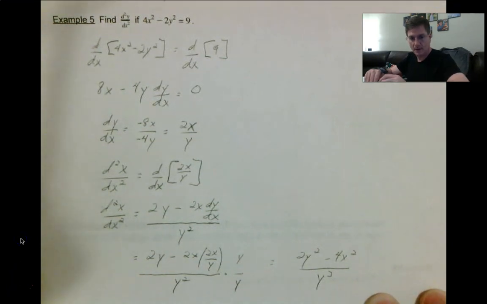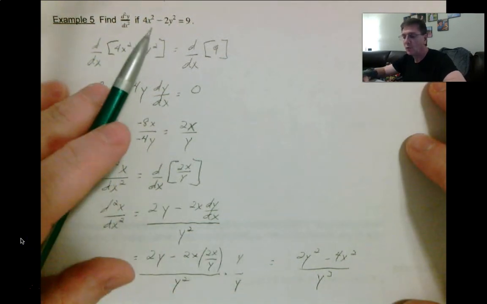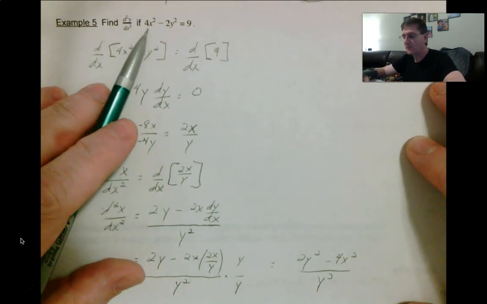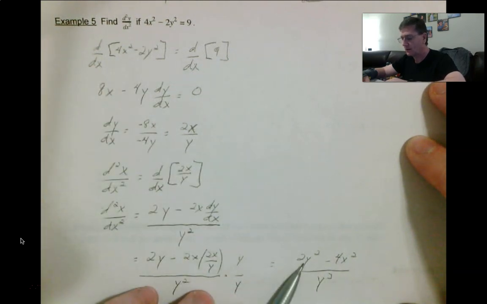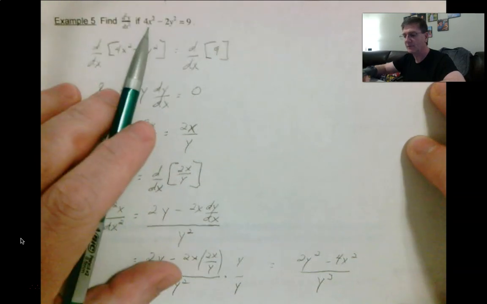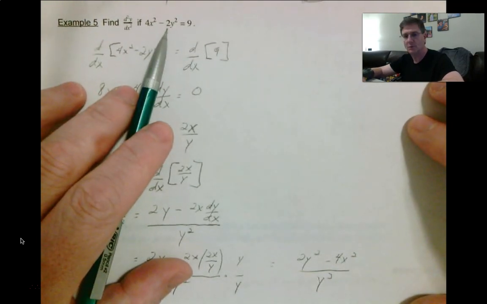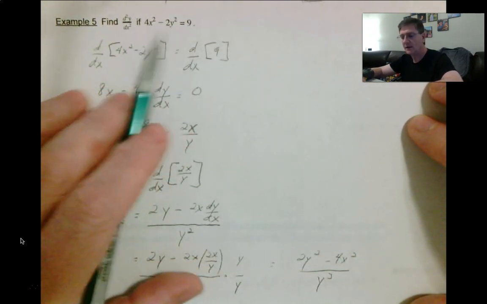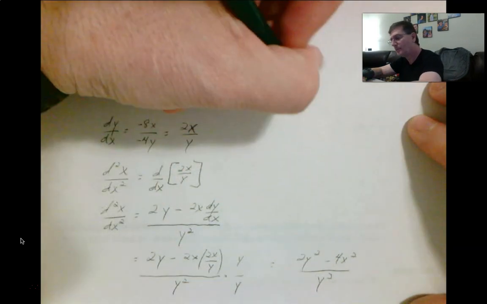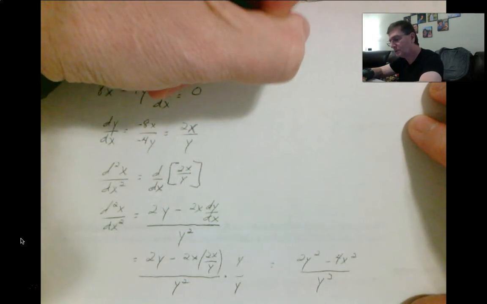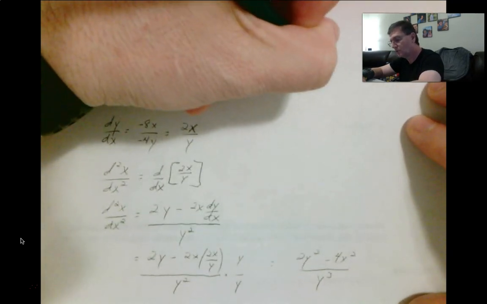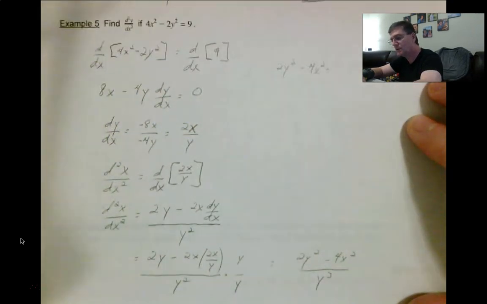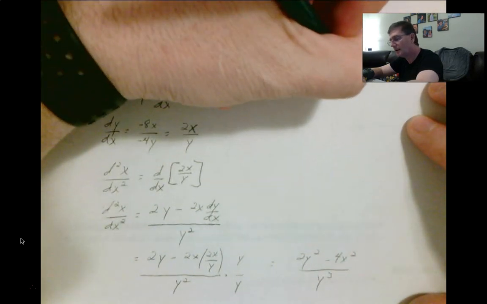And I could actually stop here. This is fine. But one more small algebraic trick. If I notice, I got a negative 4x squared and a positive 2y squared. Here I have a positive 4x squared and a negative 2y squared. If I multiply everything here by negative, I can get 2y squared minus 4x squared is equal to negative 9.